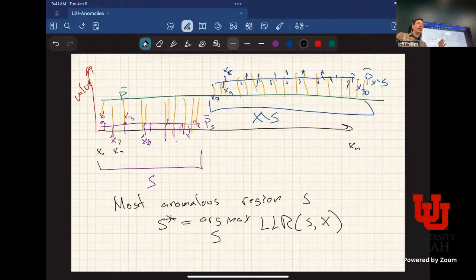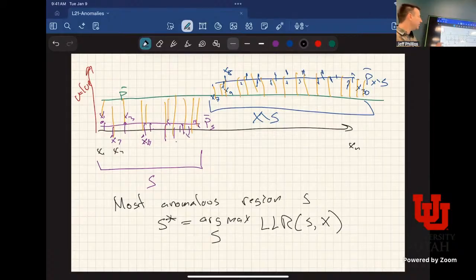It could have been the likelihood ratio, that would work fine. It gives me the same maximum, but it's easier to work with when the logs cancel my exponents. Okay, to find the region S that maximizes this log likelihood ratio.